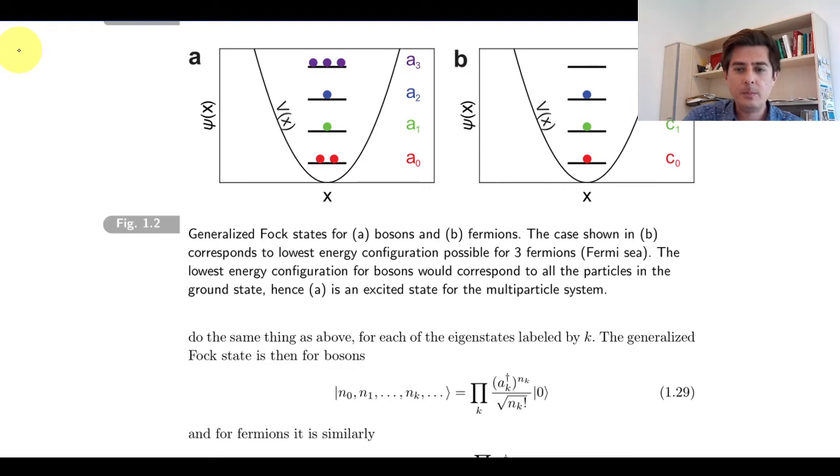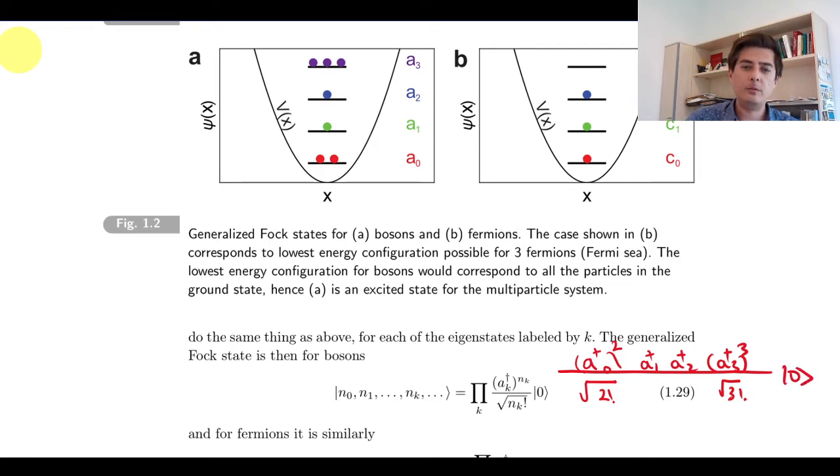For the example that I have here in 1.2, I've got 2 atoms in A0, 1 in A1, 1 in A2, and 3 in A3. And then we've got to normalize this whole state properly. To normalize this one, we need 2 factorial. To normalize this one, we need 3 factorial, and so forth. So that would be an example of that one.